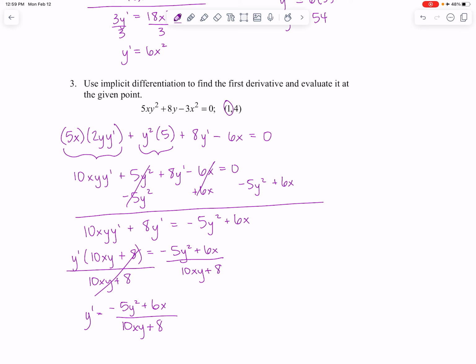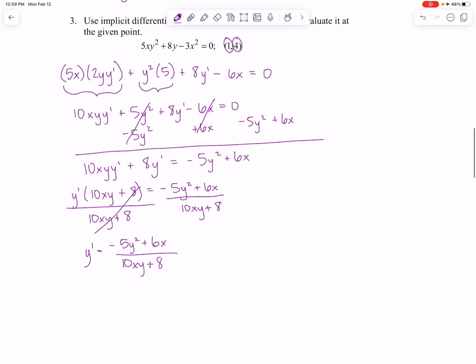The x value that we're interested in is a 1. The y value we're interested in is a 4. So here our y prime, let's see, negative 5y squared plus 6x over 10xy plus 8.